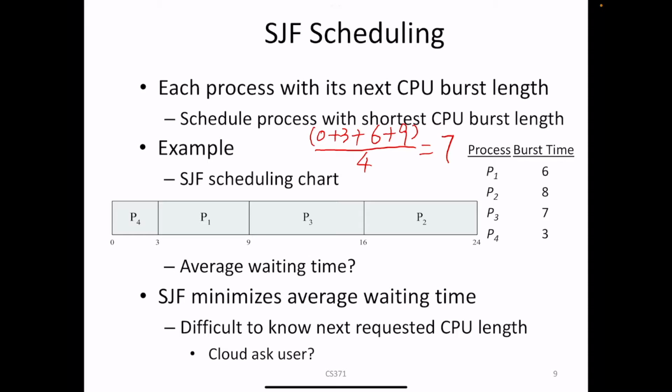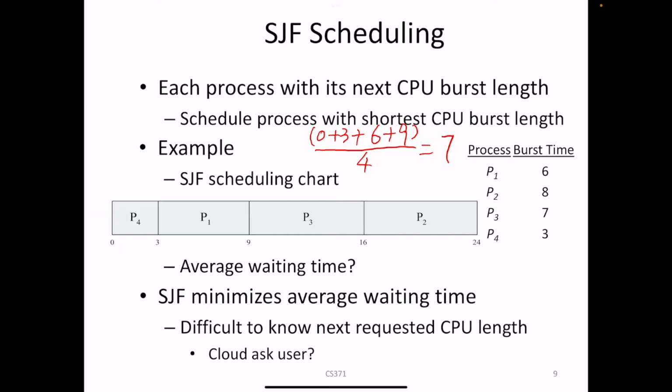Since P4 is the first process loaded onto the CPU, the waiting time for P4 is 0, and the waiting time for P1 is 3, P3 is 9, P2 is 16. Therefore, the average waiting time is 0 plus 3 plus 9 plus 16 divided by 4, which is roughly equal to 7.